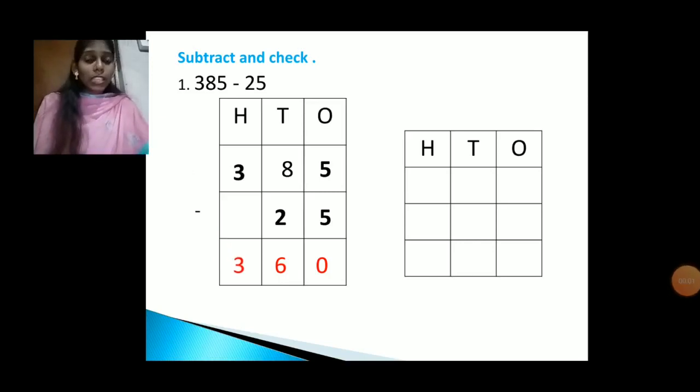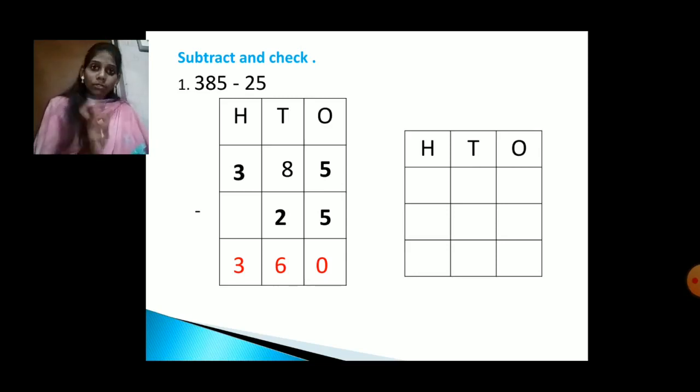Now we will check whether our answer is correct or not. Okay, the subtraction which we have done, it is correct or not. For checking method, what we will do? We will first write the difference and then we will add 25. It means then we will add smaller number in that. Right? Difference plus smaller number.